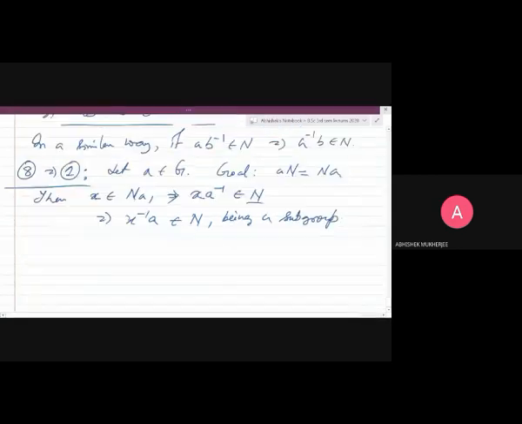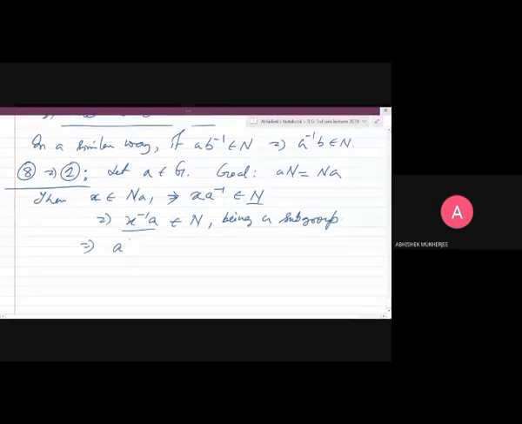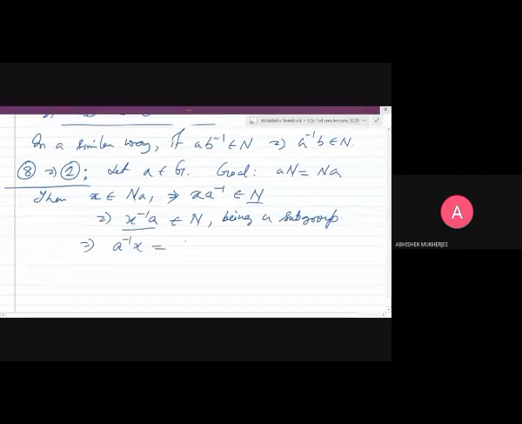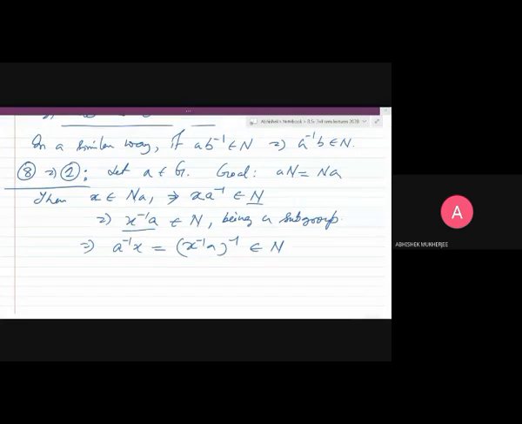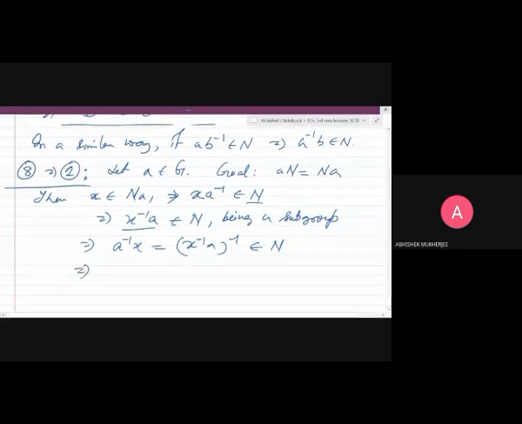X inverse belongs to N implies x inverse A belongs to N. And this implies A inverse x can be written as the inverse of x inverse A, right? So again, being a subgroup, it is in N. And with the help of this, A inverse x belongs to N implies x belongs to N.